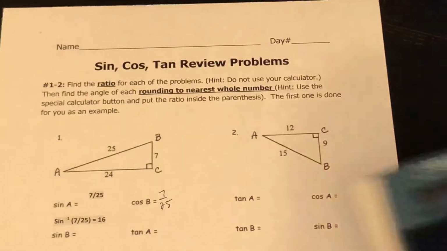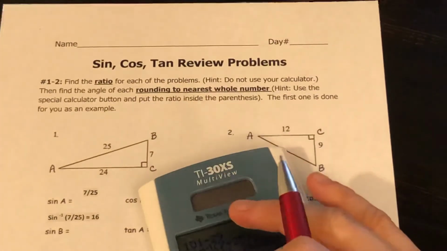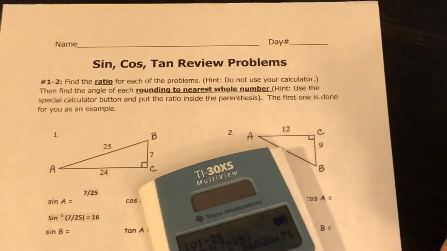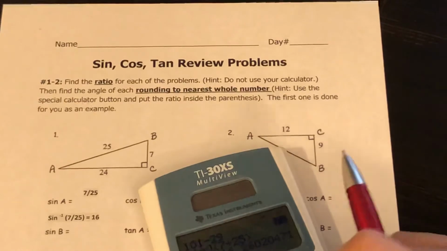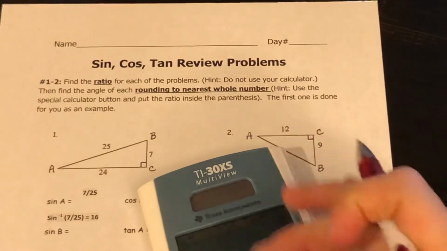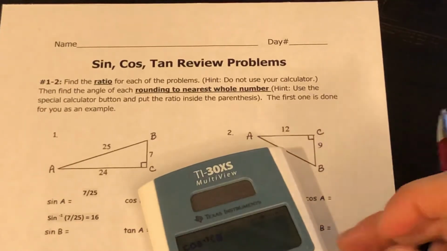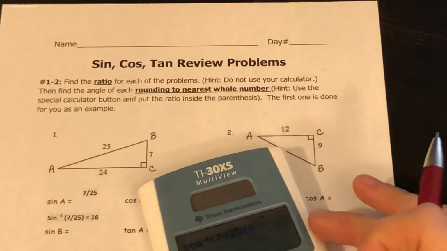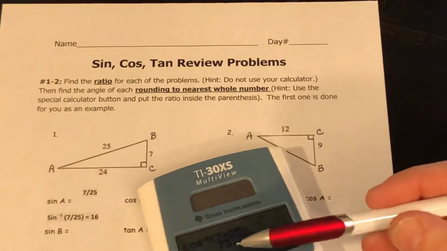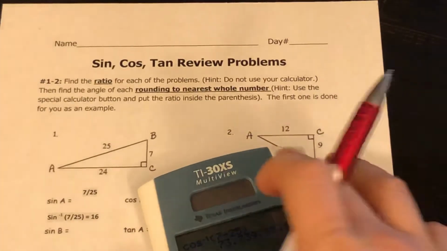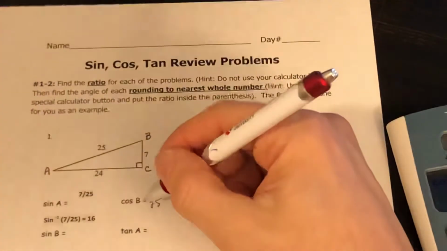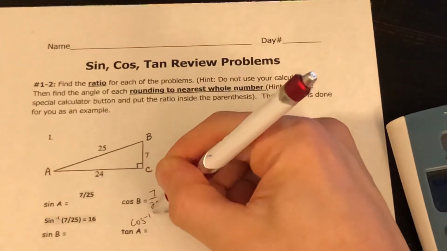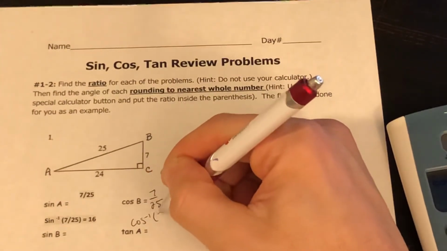So now, to find the angle for cosine of B, we hit second cosine of that ratio, which is 7 divided by 25. And in this case, we get 73.7, which will round up to 74 degrees. So to find the angle of B, we would have this.